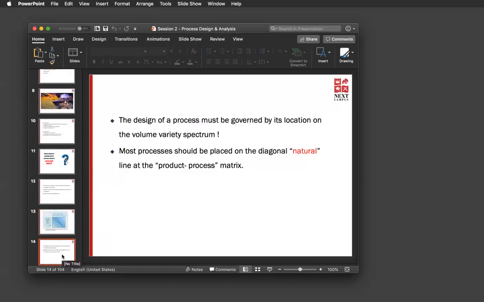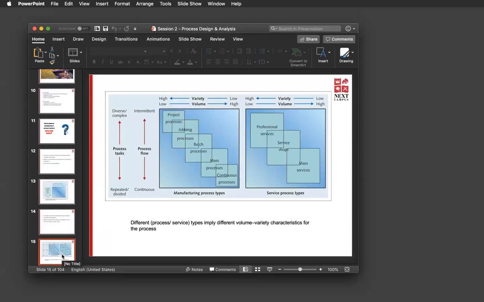Okay. Now, with the products and services, rather than looking at each of these things in isolation, it is good to look at the different kinds of processes that are prevalent. So these different kinds of processes are important for different volume variety combinations.